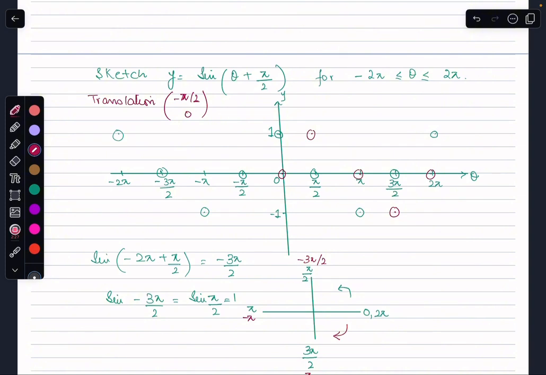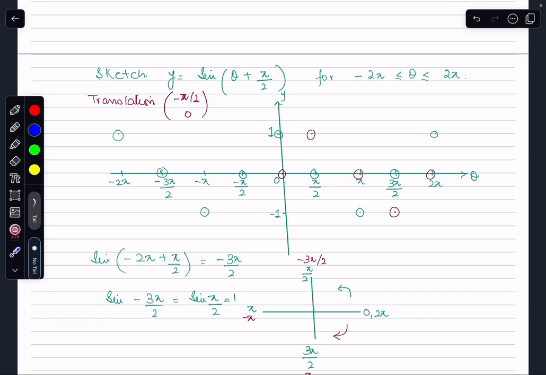So I can see that this is my point at 0 degrees here. Sine of pi minus pi by 2 translated again, so it should be over here. 3 pi by 2 minus pi to pi, therefore this point lies here. 2 pi minus pi by 2 gives me 3 pi by 2, therefore this point, which was actually a 0, has now been translated to this point.